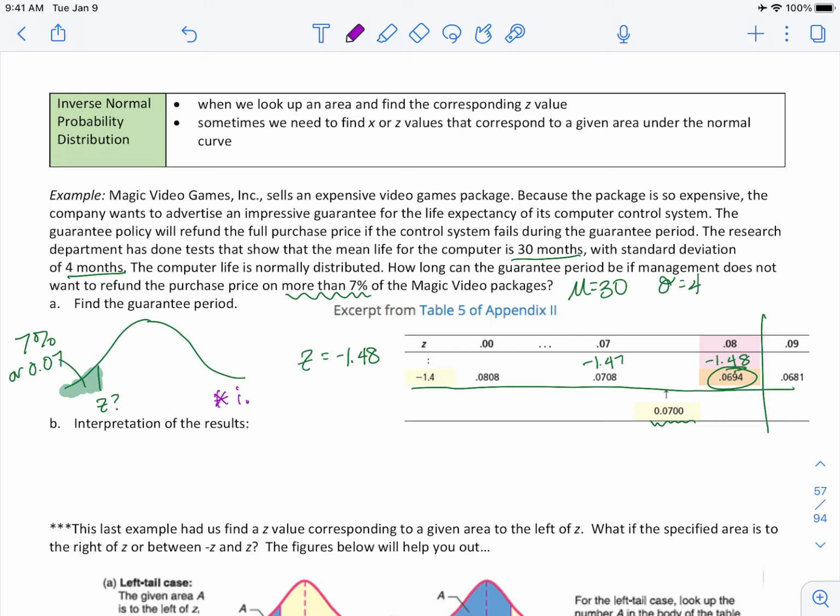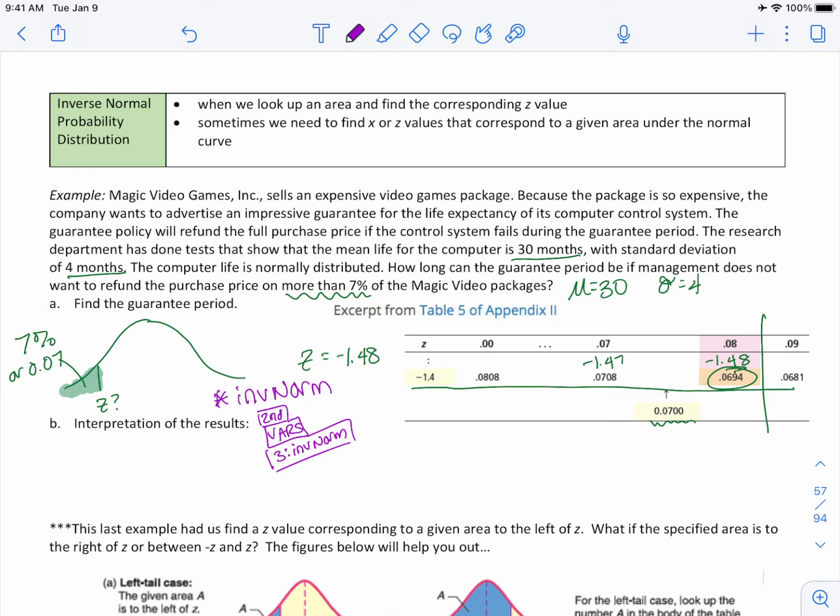You can use the inverse norm function. So in the calculator, it's in the distribution menu. So you hit second, then the VARS. And this is now choice 3, which is inverse norm.